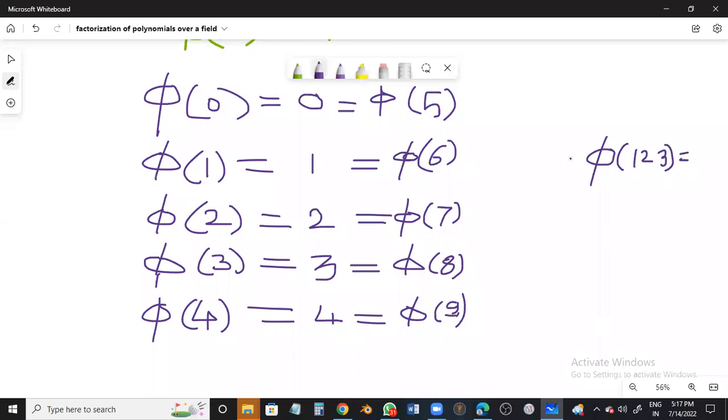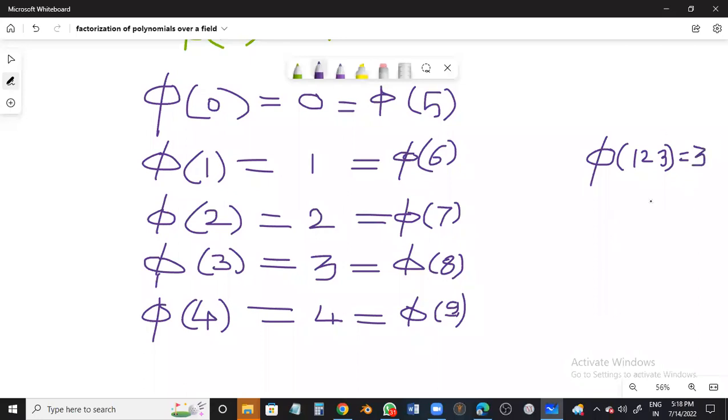Is it 3? I'm sure you divide 123 by 5. The division will be of 120 and 3 will be left back with you.